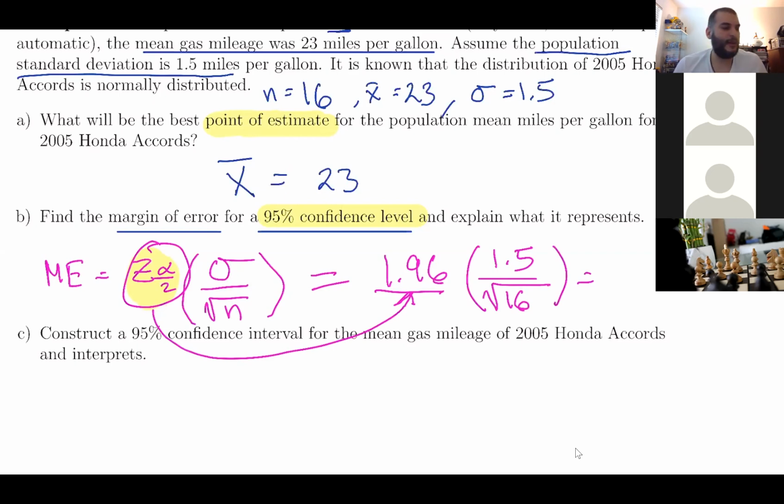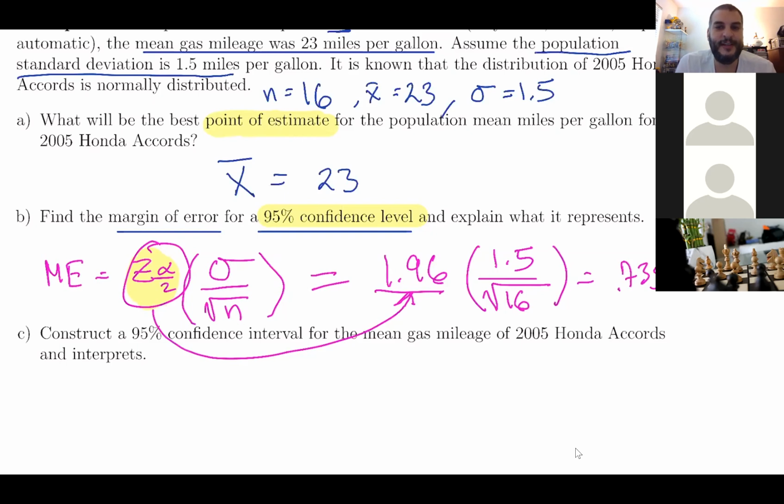All right, so I'm going to go ahead and multiply this out. 1.96 multiplied by 1.5 divided by square root of 16, and you get 0.735. So that's our margin of error. The margin of error is telling us how much off we could be from the point estimate.